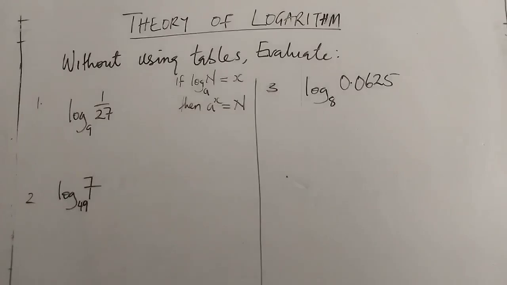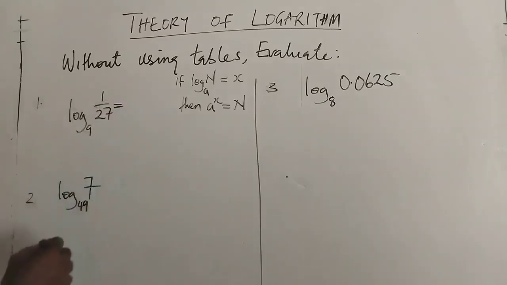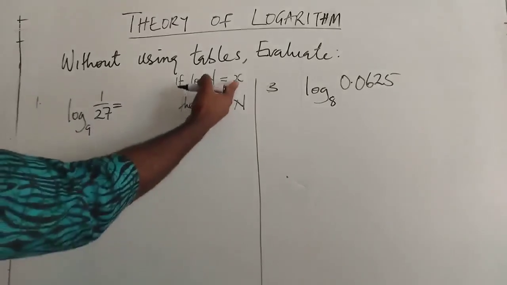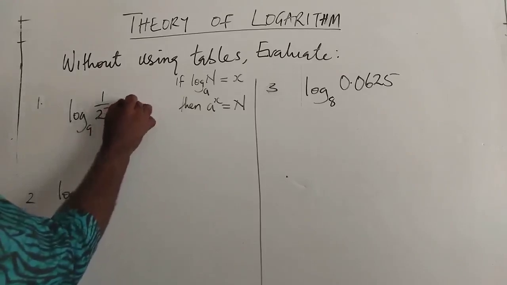The first one, log 1 over 27 base 9. We have is equals to, first of all, choose a letter to represent your answer, equals to x.